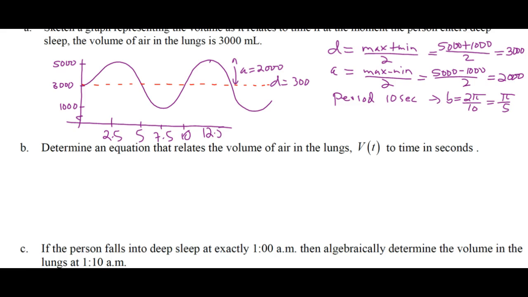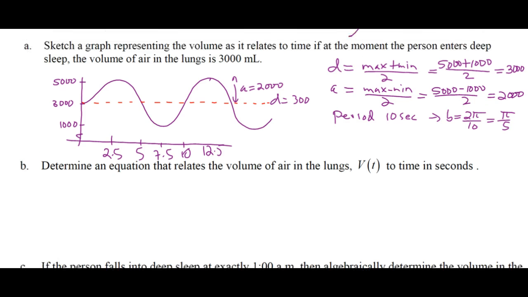Okay, so if we do this, V of t, volume with respect to time, is equal to 2,000, my amplitude, sine of pi over 5 t, and that's it, right? Because it starts at the midline going up, I can do it as a positive, unshifted sinusoidal function. So 2,000 sine of pi over 5 t plus 3,000.